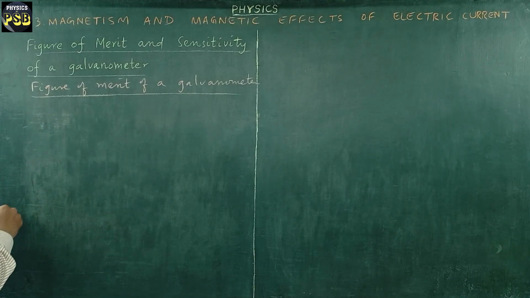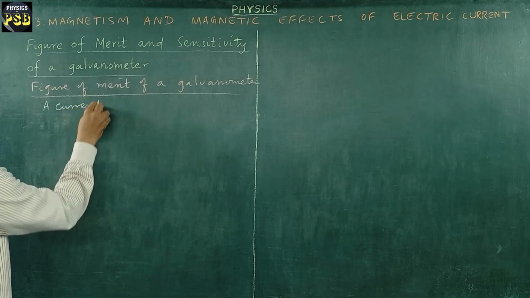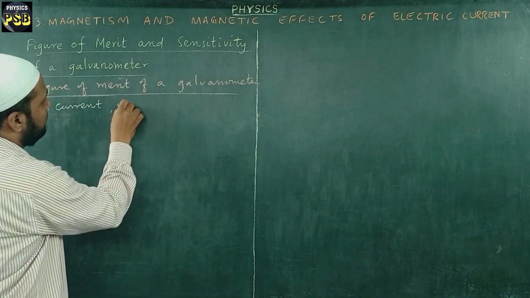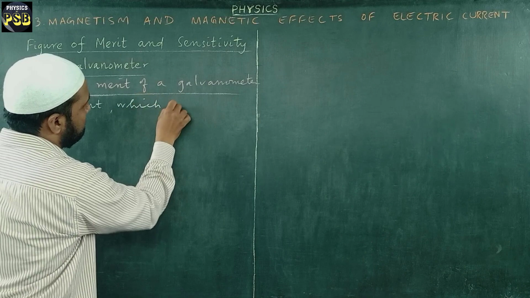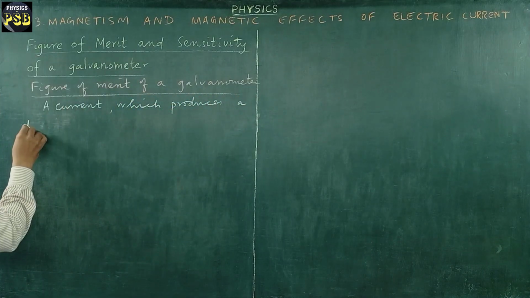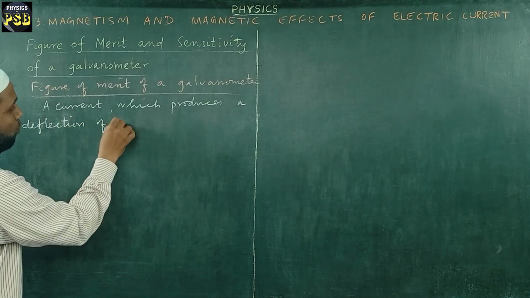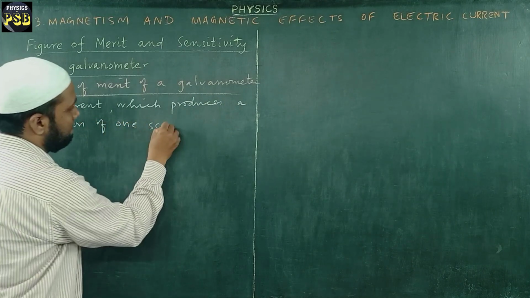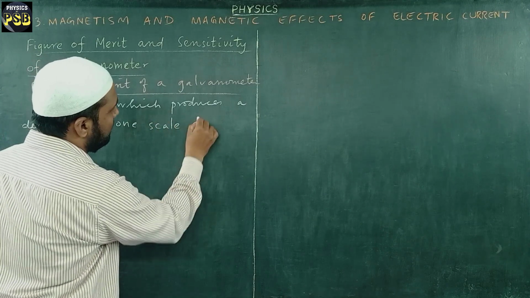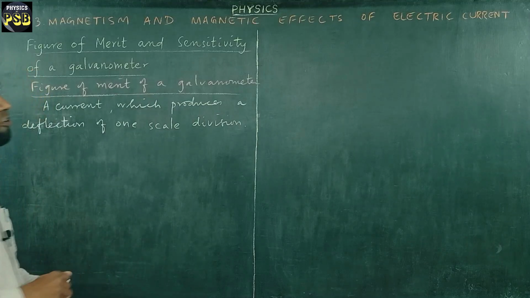Write it on board. A current which produces a deflection of one scale division in a galvanometer is referred as figure of merit.